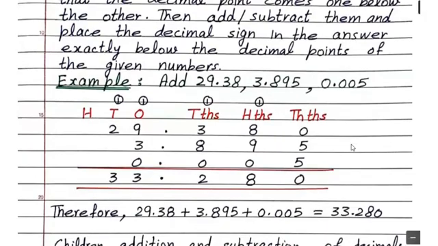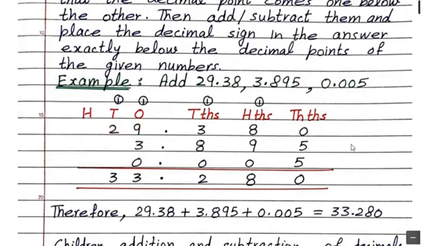We have to add 29.38, 3.895 and 0.005. Right? Now children, 29 is an integral number, 3 is also an integral number, and here it is 0. So 29, then 3, then 0.